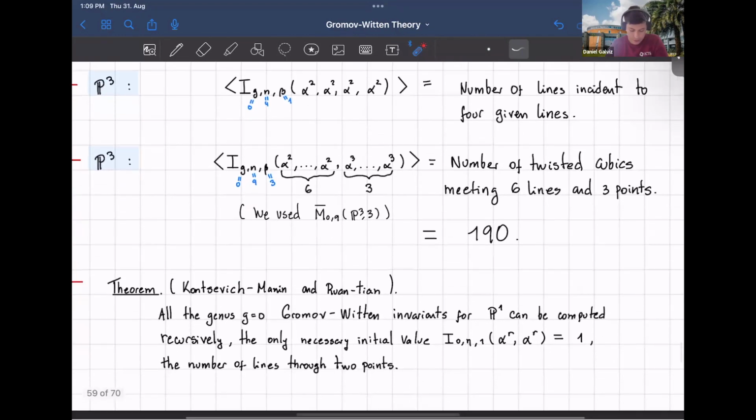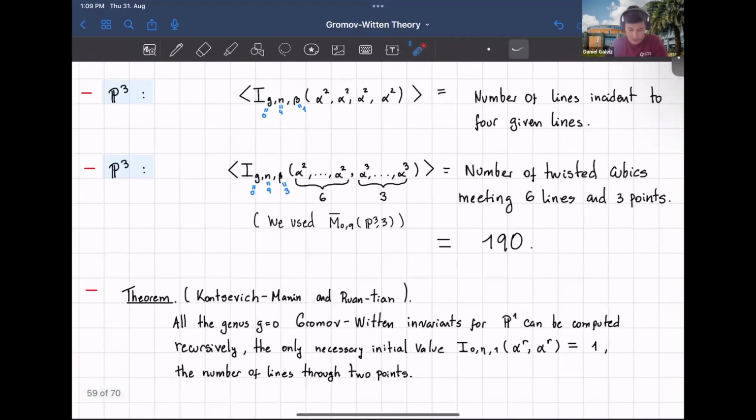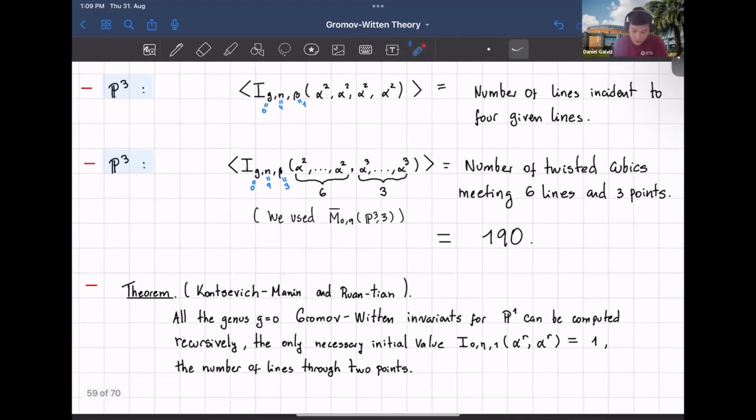Now, the final thing is the theorem of Kontsevich, Manin, and also Ruan-Tian, and it says all genus zero Gromov-Witten invariants for P1 can be computed recursively.